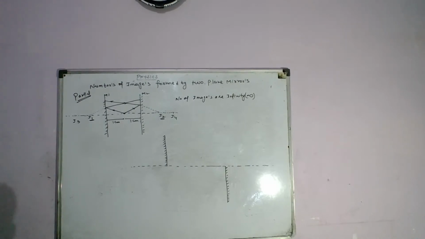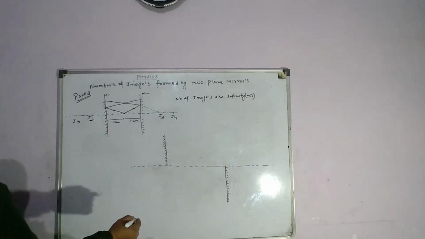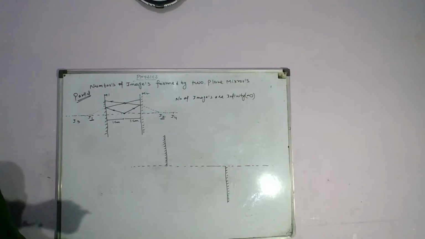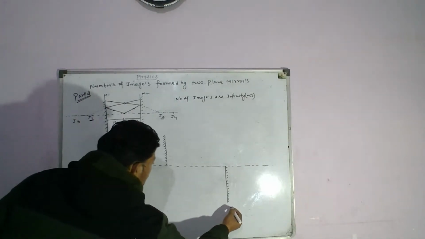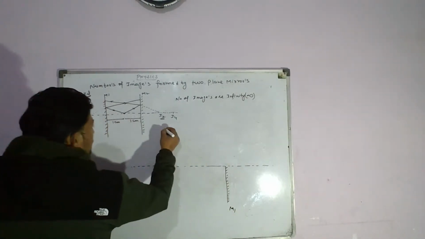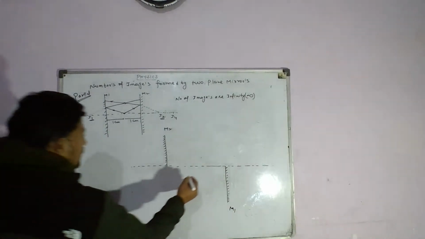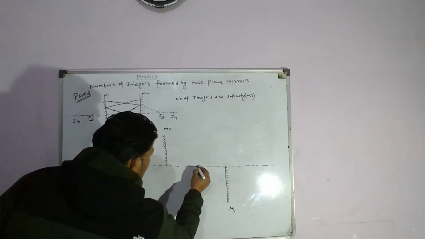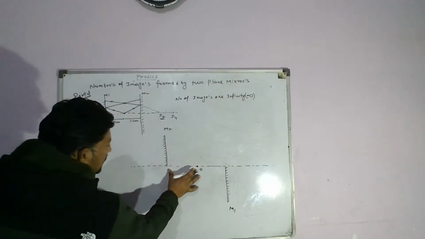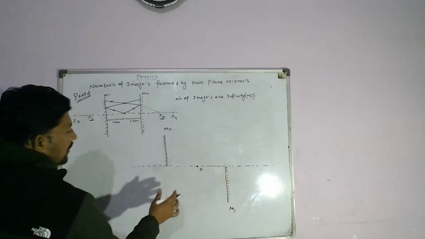So in this case, there is a mirror. This mirror is M1, and this mirror is M2. First of all, this is the object, placed at the center of these two mirrors. This distance and this distance are equal.